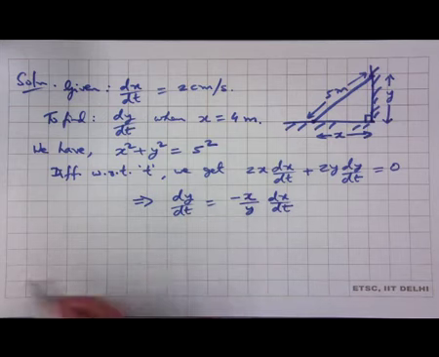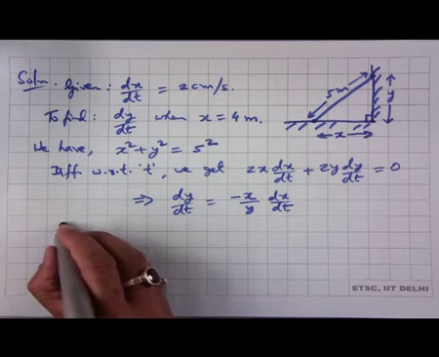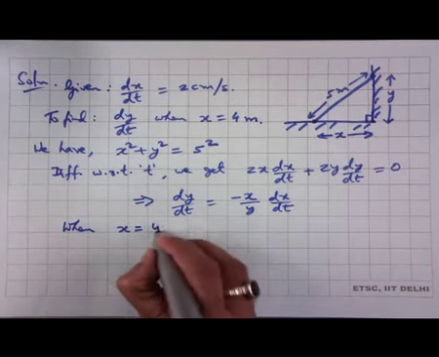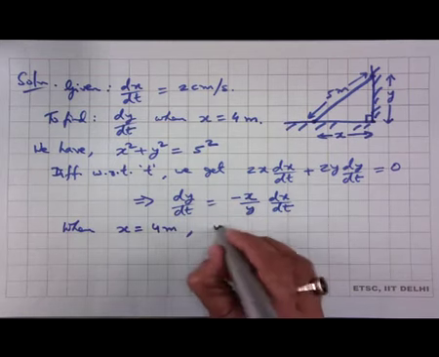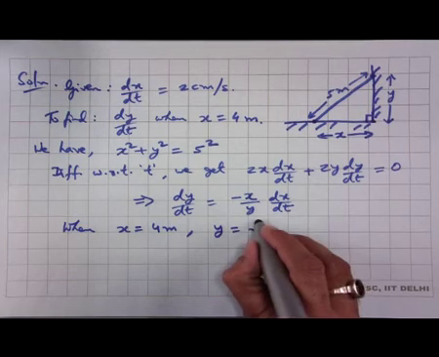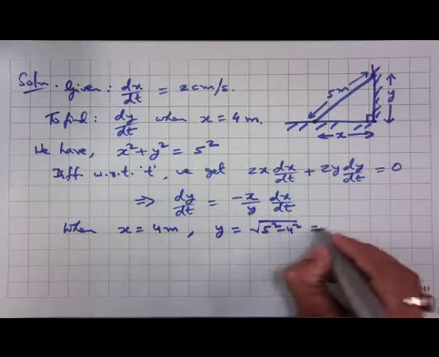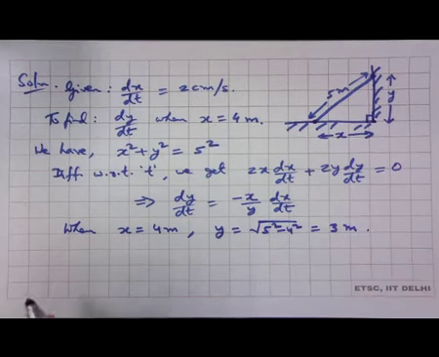Now, when x is equal to 4 meter, what is y? y is equal to square root of 5 squared minus 4 squared. So, this will be 3 meter when x is 4 meter.